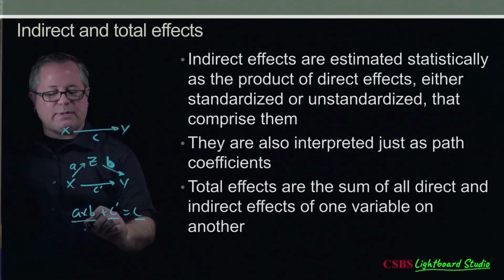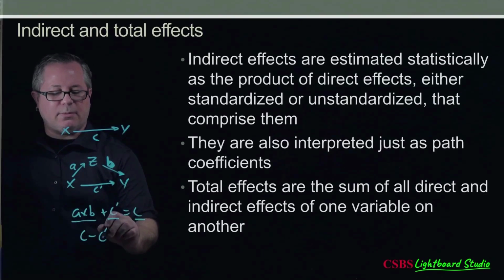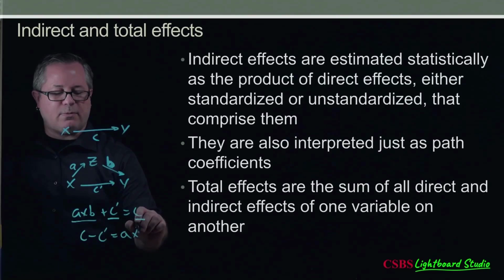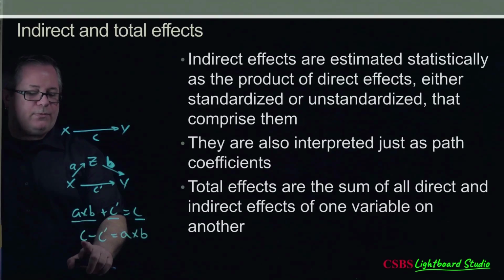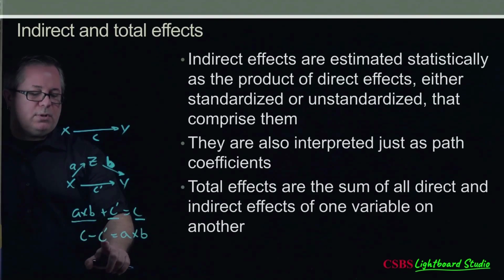It also means that C minus C prime equals A times B. The difference between the total and direct effect is the indirect effect.